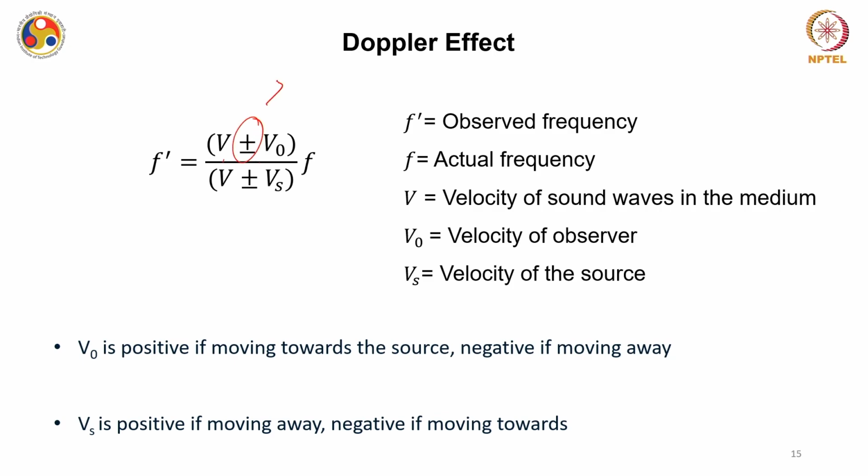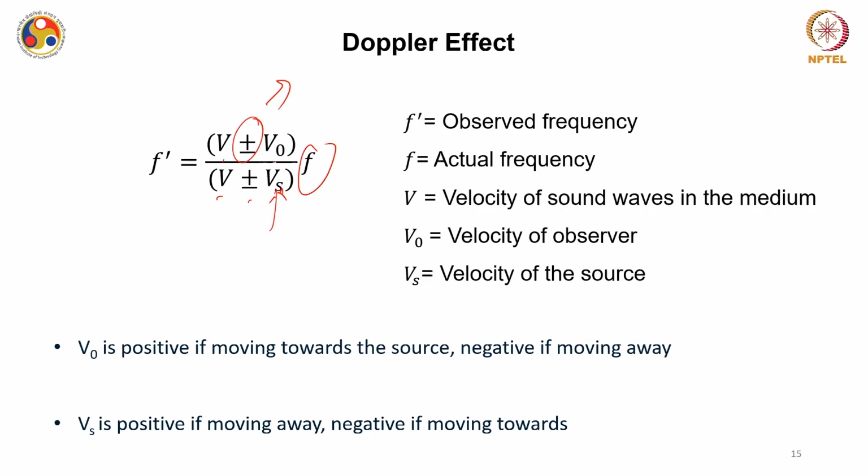We will see what the sign means and when we have to take positive or negative. Here v is the velocity of the sound wave in the medium, v naught is the velocity of the observer, vs is the velocity of the source, and f is the actual frequency.